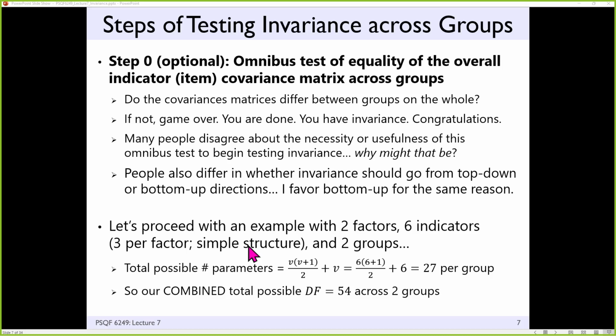Simple structure is what that's called, by the way. If you have no correlations among the residuals and no cross-loadings, just each item measures 1 thing, that's called simple structure. So the total number of parameters is 27 per group, because we have the number of indicators times indicators plus 1 over 2, plus the number of indicators again for the means. That means that I've got 54 total degrees of freedom.